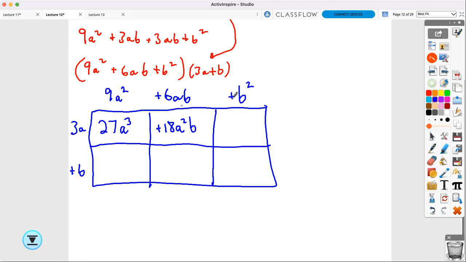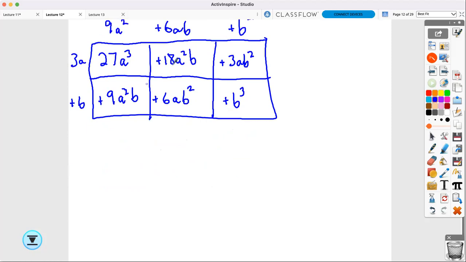And it's gonna be 3a times b squared, so this is gonna be 3ab squared. Just multiply those two together next to each other. Then b times 9a squared will be plus 9a squared b, right? The b just goes added on there. B times 6ab is gonna be positive 6ab squared. Because b and b is 1 and 1, so squared. Then b times b squared is just b cubed.